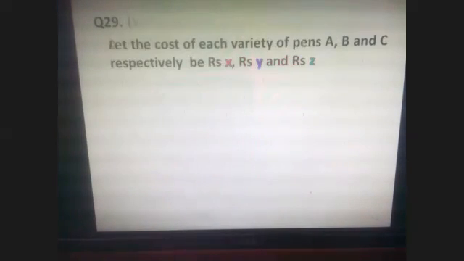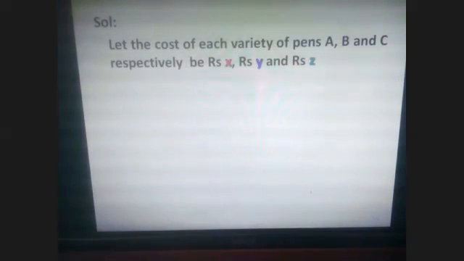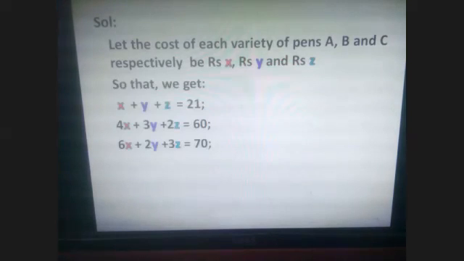What I've taken up: let the cost of each variety of pens A, B, and C be x, y, and z, and we have the equations x plus y plus z equal to 21, 4x plus 3y plus 2z equal to 60, and 6x plus 2y plus 3z.